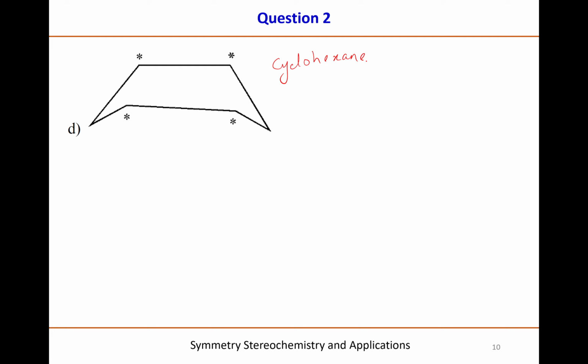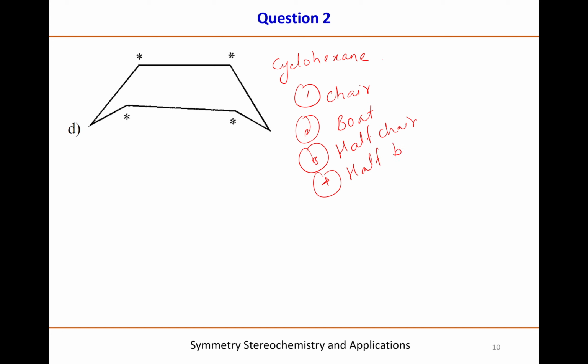Cyclohexane. Cyclohexane is naturally present in which form? Which conformation? How many conformations are there for cyclohexane? Chair, boat, half chair, half boat, twisted chair, and many more.